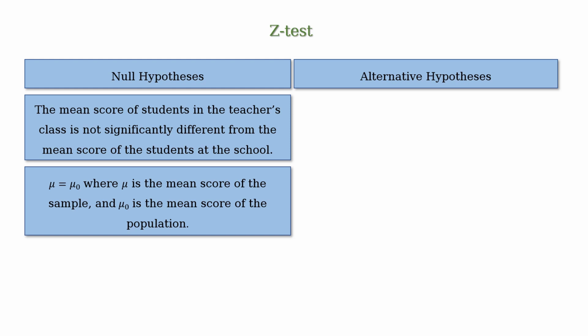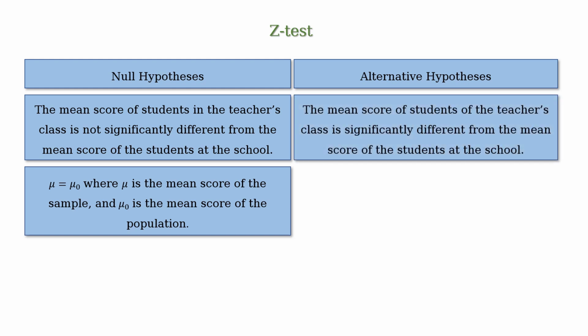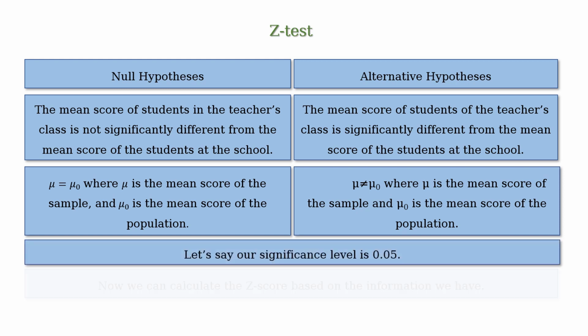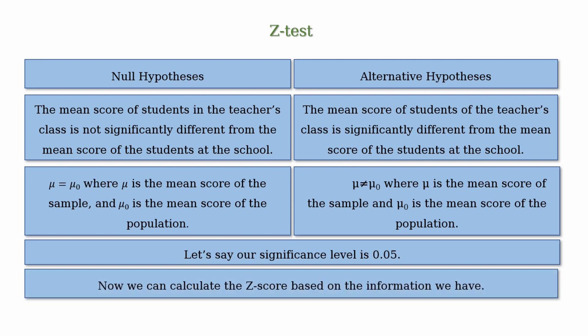And the alternative hypothesis is that the mean score of the students of the teacher's class is significantly different from the mean score of the students at the school. In other words, mu is not equal to mu0, where mu is the mean score of the sample and mu0 is the mean score of the population. And let's say our significance level is 0.05.